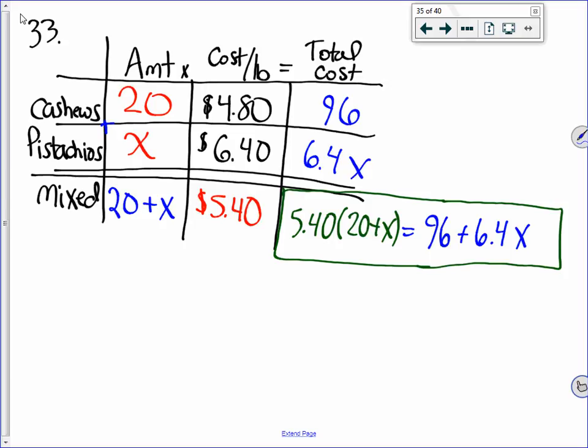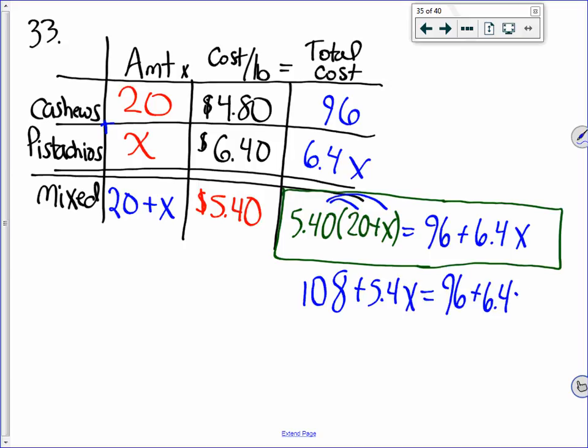So now you can distribute. Then I can get the 5.4x on the other side.